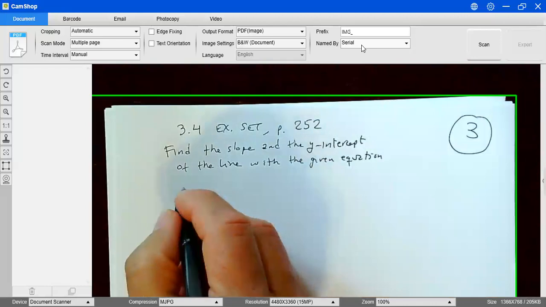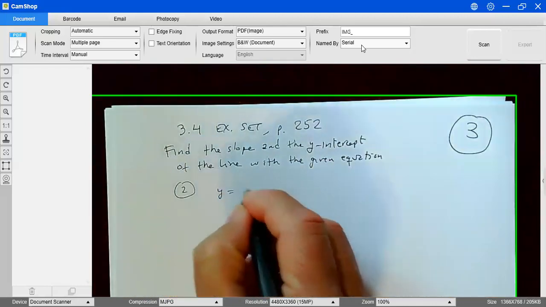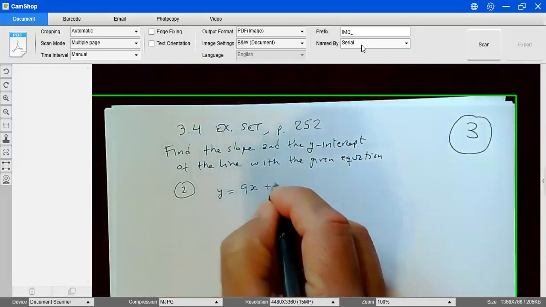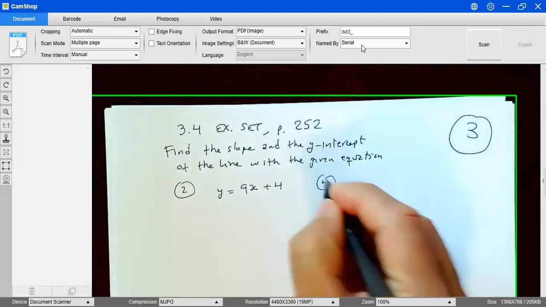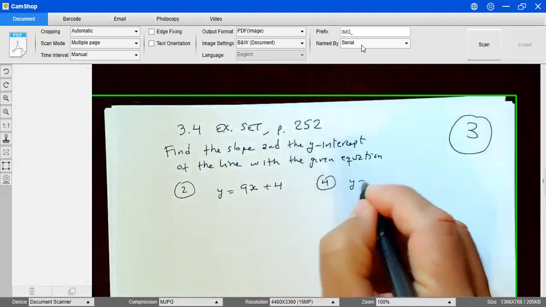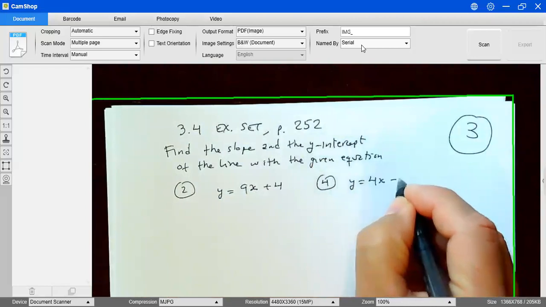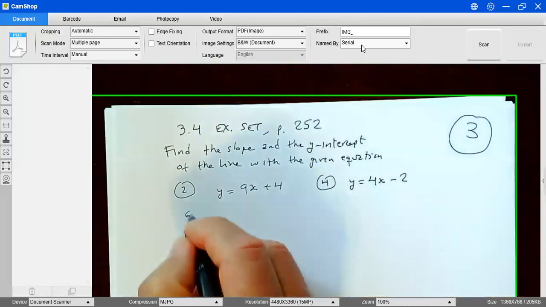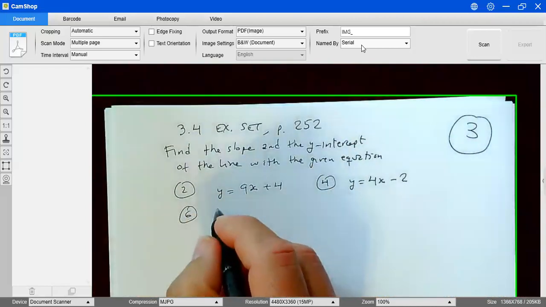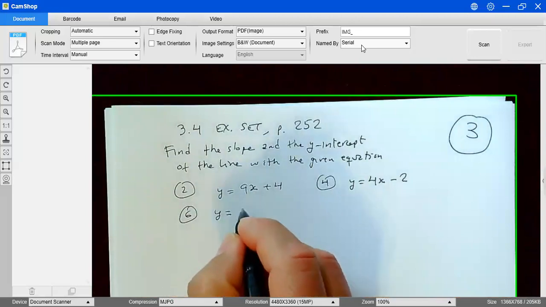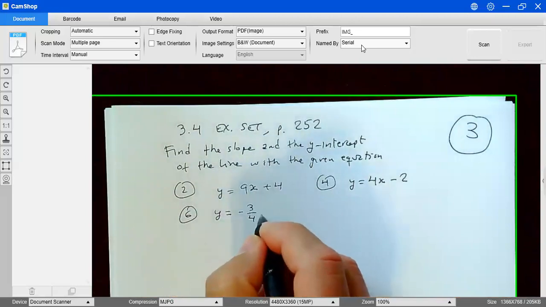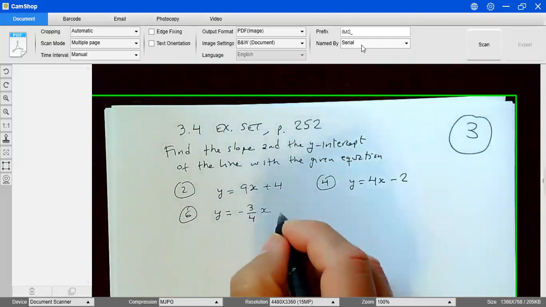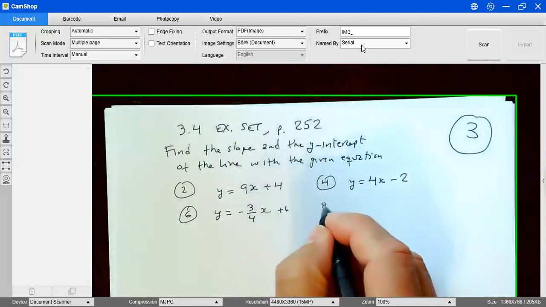Let's see. You're going to work on number 2, y equals 9x plus 4. Number 4 is y equals 4x minus 2. Number 6, y equals negative 3 over 4 x plus 6.